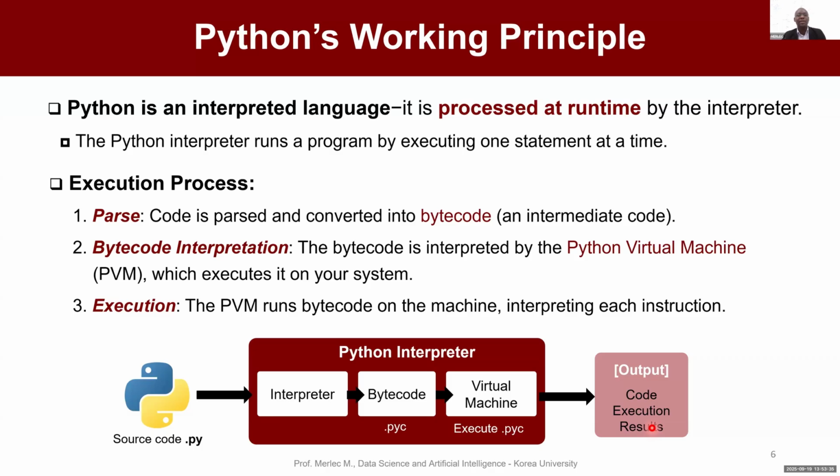And this figure shows you the overall working principle of Python. On the left side you have the Python source code, which is stored in files with the .py extension.